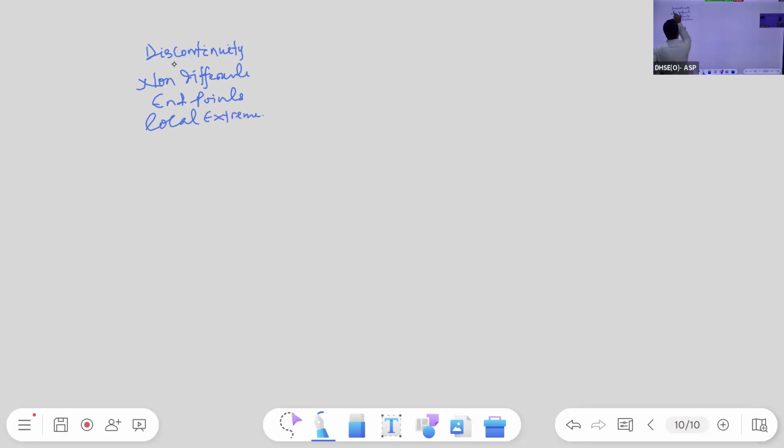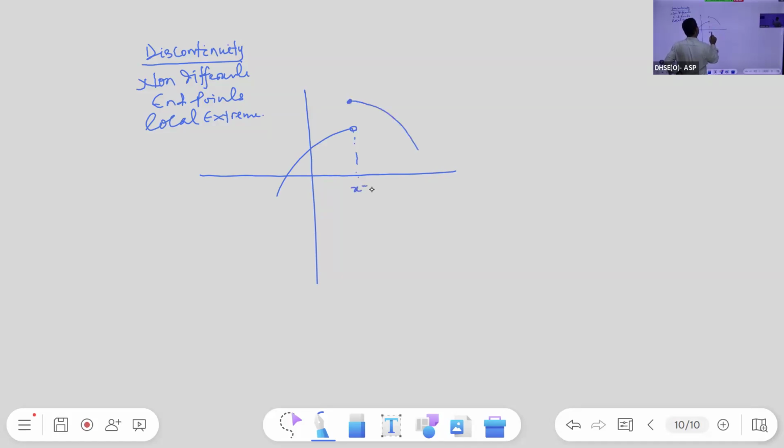First, the discontinuity point. It is a graph. This is x is equal to a. At x is equal to a, the function is discontinuous.